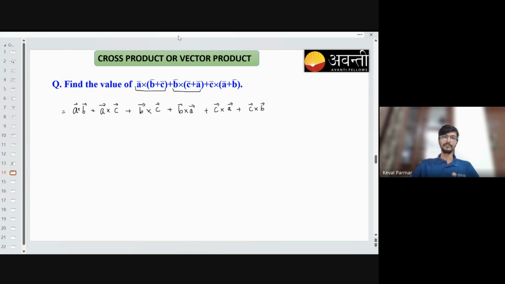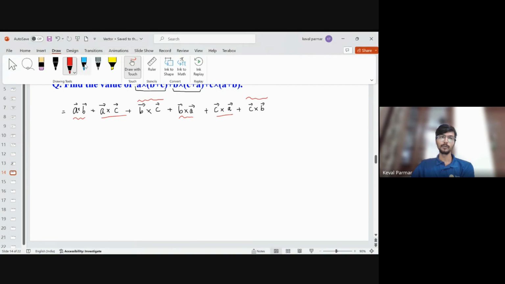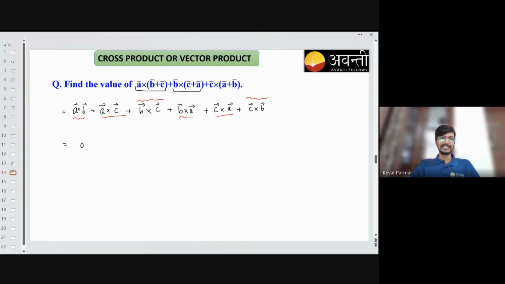So let's group these. I will group this and this, then this and this, and then this and this. Why am I grouping? You all get to know: A vector cross B vector plus B vector cross A vector, plus A vector cross C vector plus C vector cross A vector, and lastly B vector cross C vector plus C vector cross B vector.